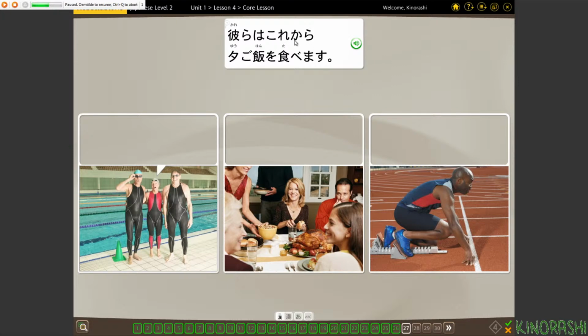Kara used as like a start word, it means starting from this, basically. And kore is this, but it's the this as if the thing's near them. So they are starting to eat supper is what it's basically saying.